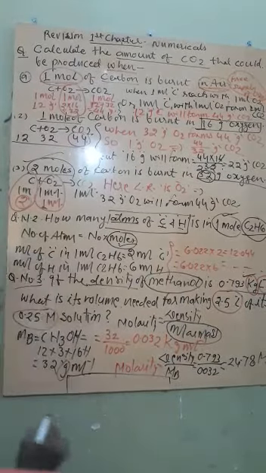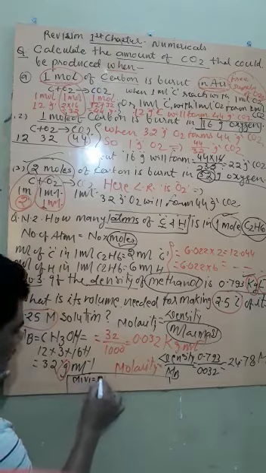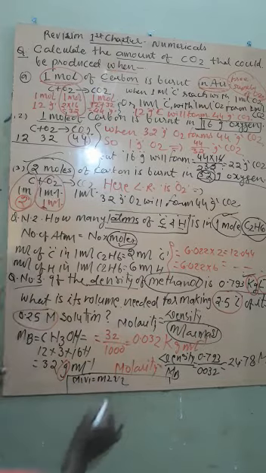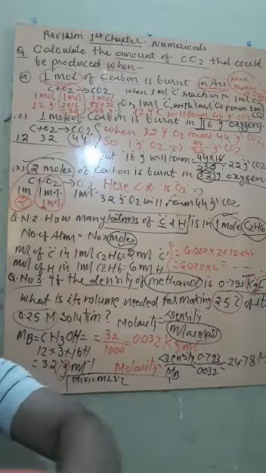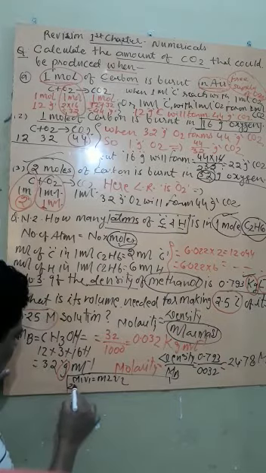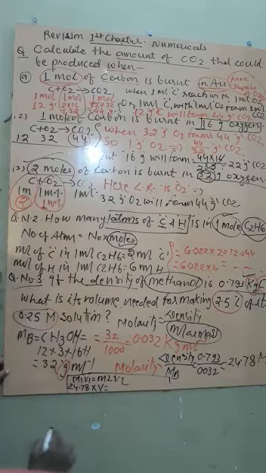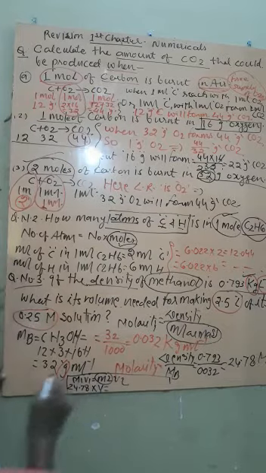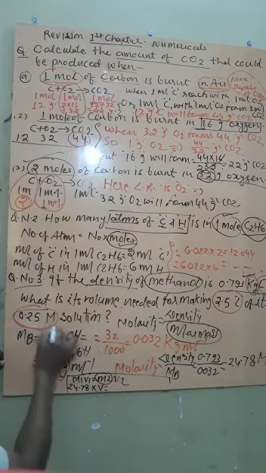Now after getting molarity, what you have to do is place the value in M1 V1 is equal to M2 V2. M1 is given from the question. M1 value is 24.78 multiplied by V1 is equal to, now molarity M2 is given. What is the molarity? Here 0.25.